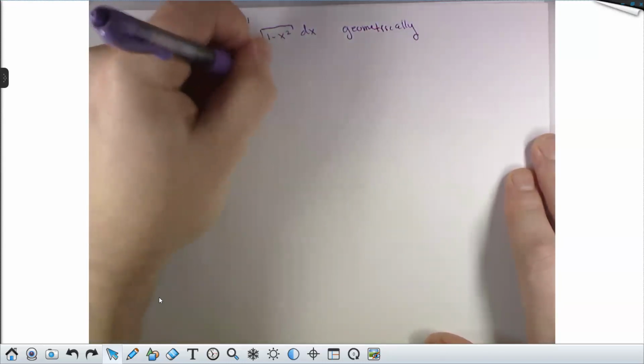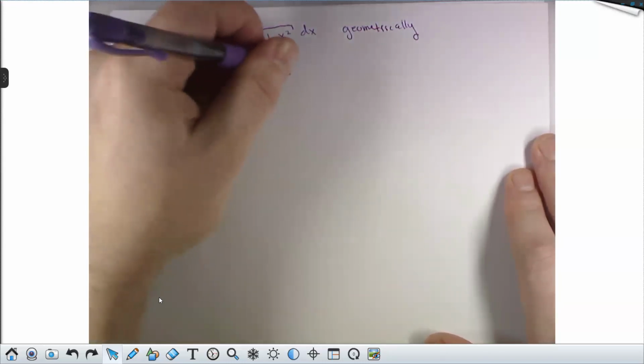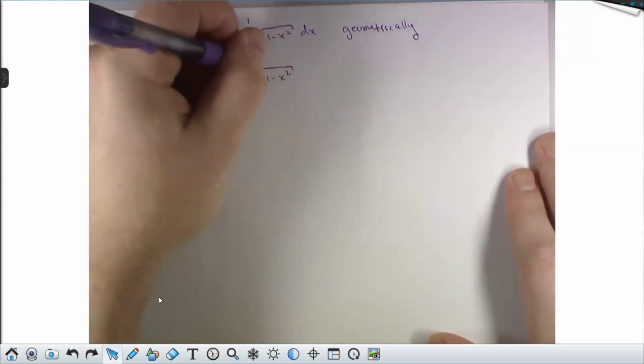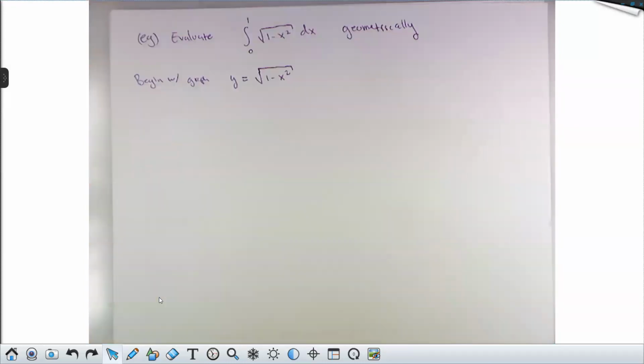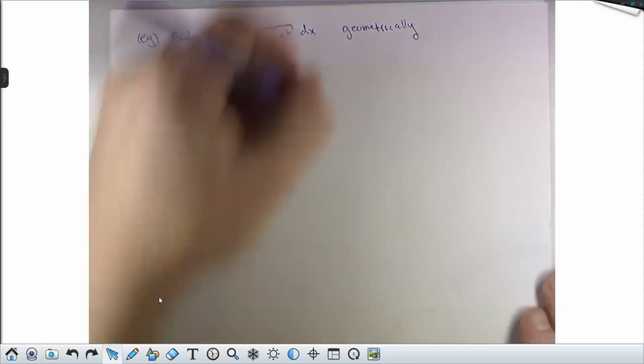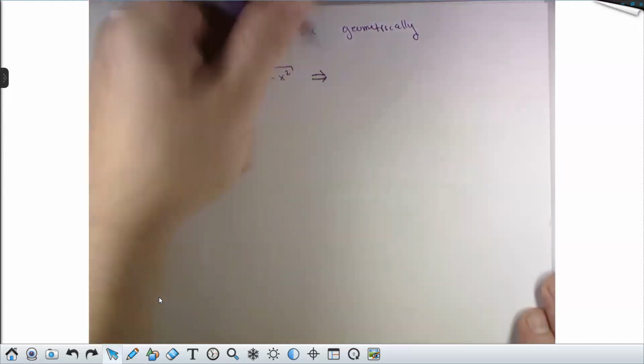So what does the graph of y equals the square root of 1 minus x squared look like? This is a fairly complicated looking function, right? Does anybody know? Maybe it's a little hard to see right now. So let me square both sides.